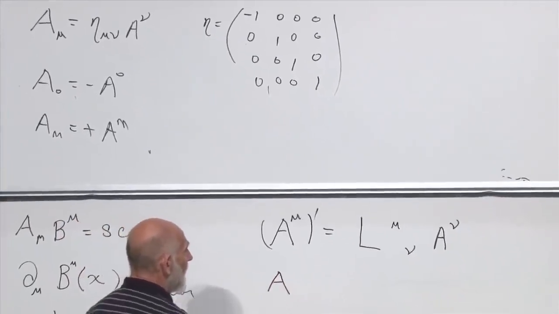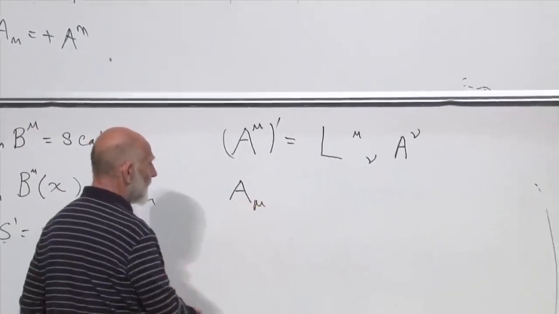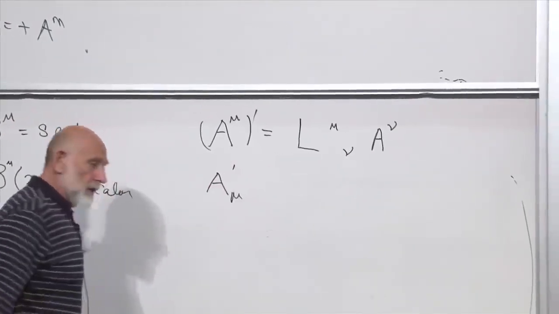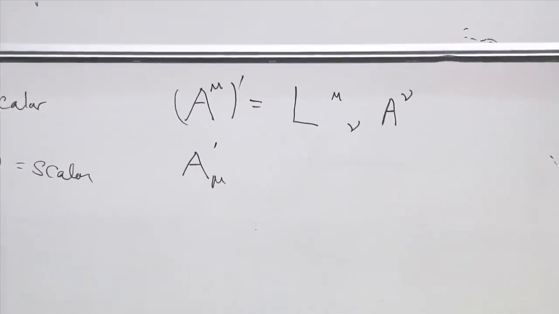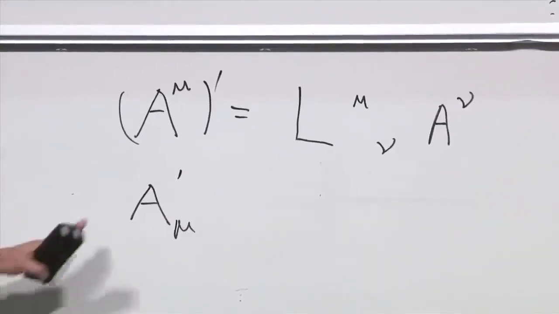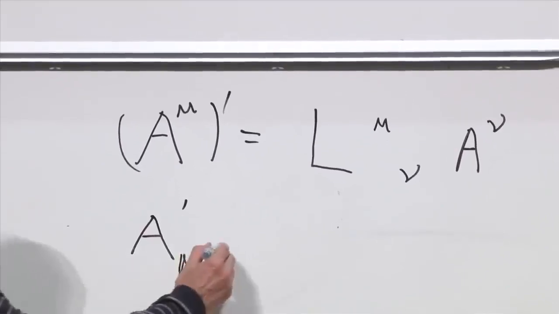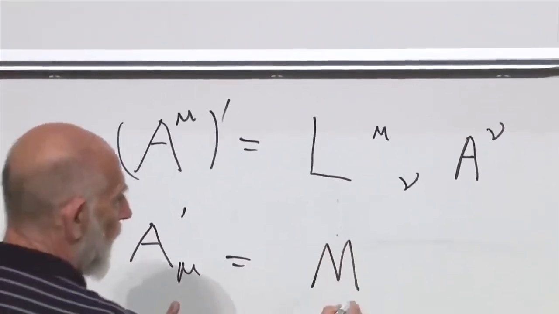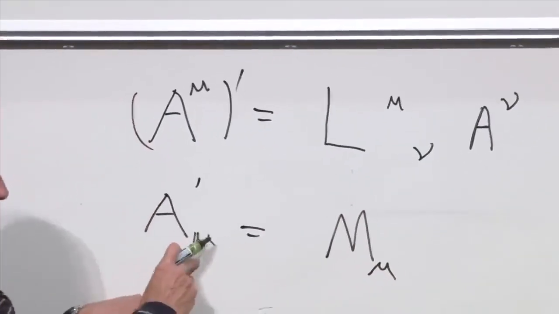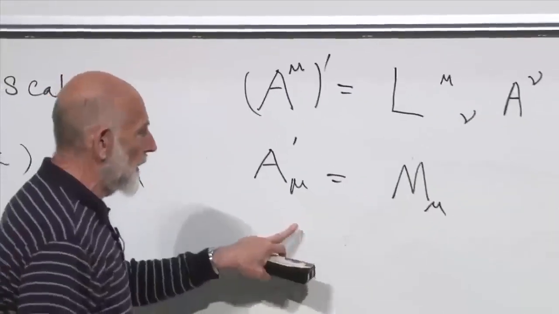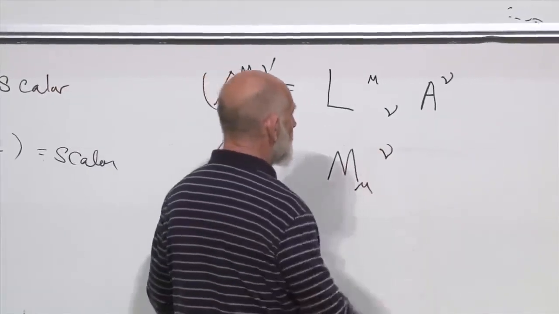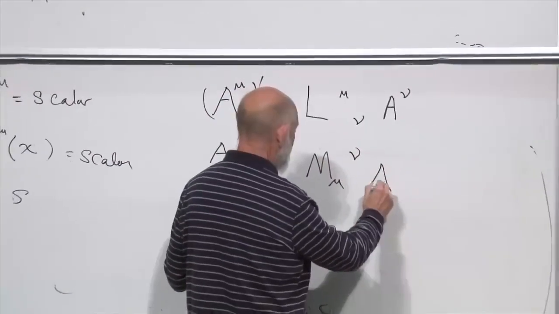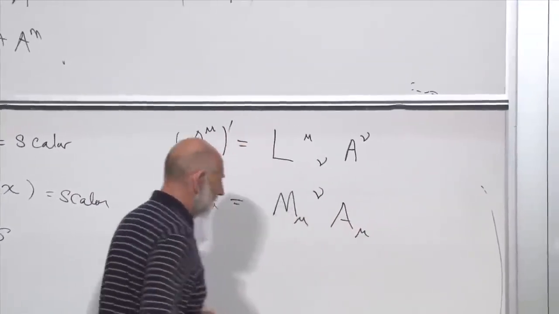If you have a covariant vector, and you want to know what it looks like in my frame, given what it looks like in your frame, then there is another matrix. This matrix has to have a lower index mu, because we have to come out with a lower index here, an upper index nu, and an a sub mu.